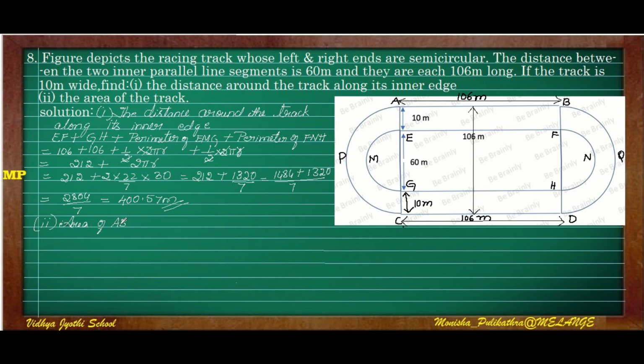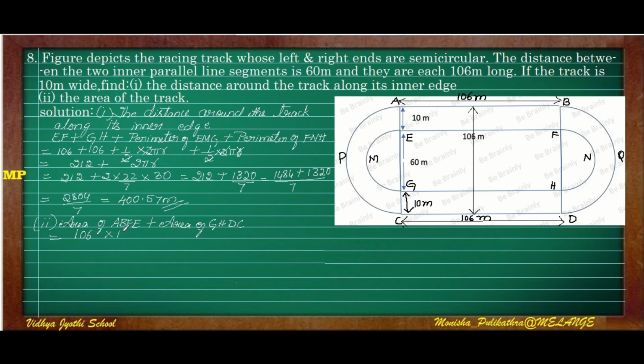Area of ABFE plus area of GHDC. So we know that this entire line is equal to 106 into this. So this is the length and the breadth. So the breadth is 10.